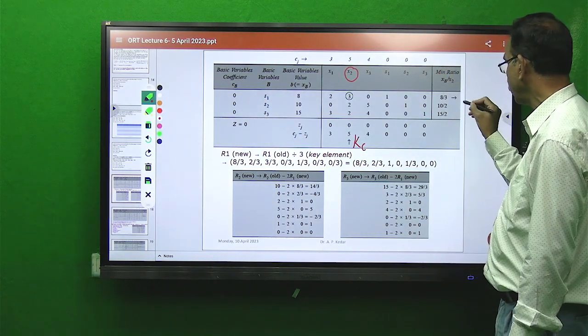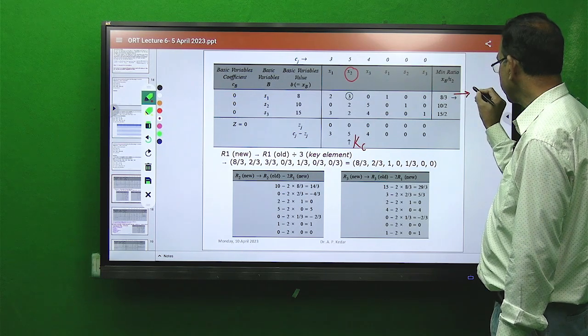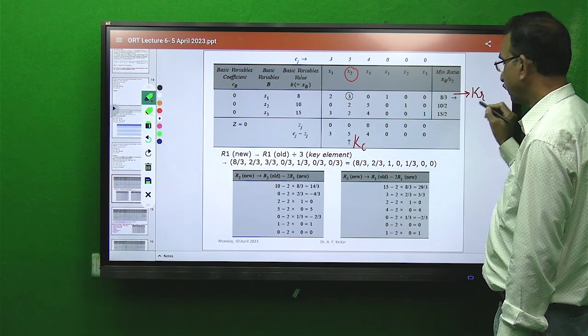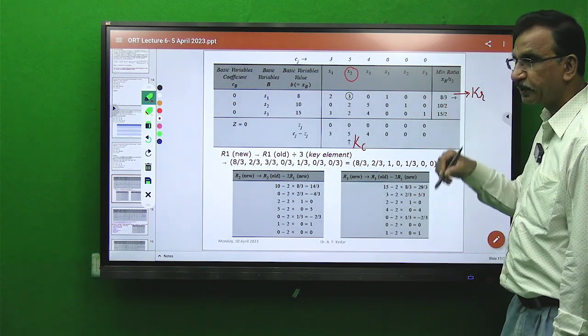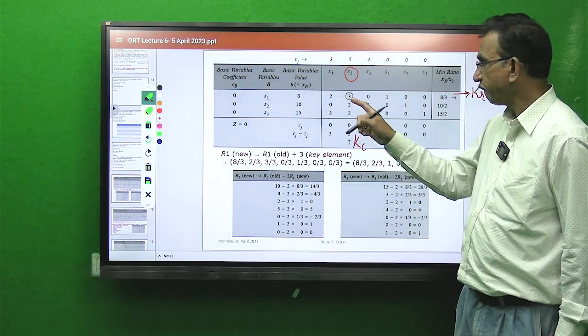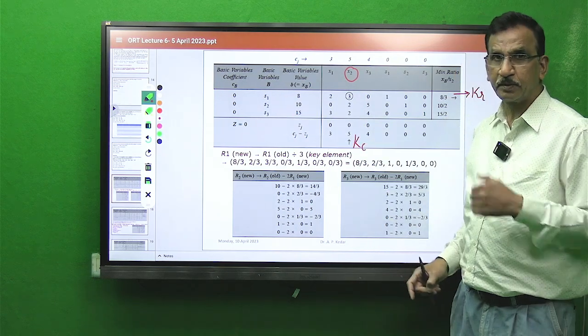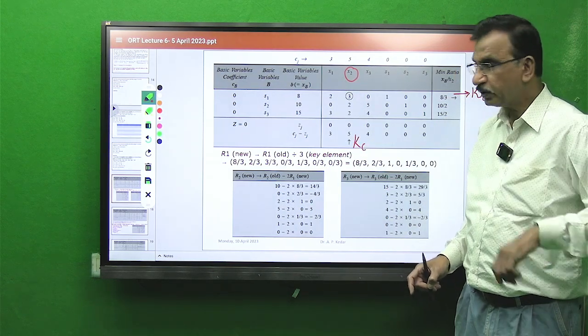If you recall, it is the minimum ratio. So this I have represented as KR, and I explained it in the previous slide. In the next iteration, the place of this S1 will be replaced by what?